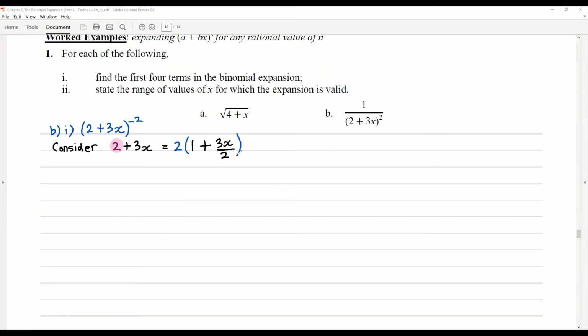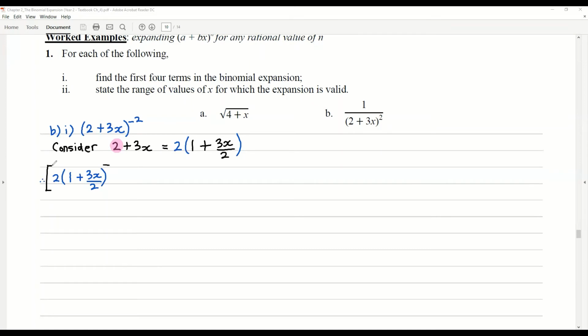So now let's look at what happens when we raise this to the power negative 2. Okay, so therefore, 2 multiplying 1, add 3x over 2. Let's stick that in some square brackets. I recommend you do the same.